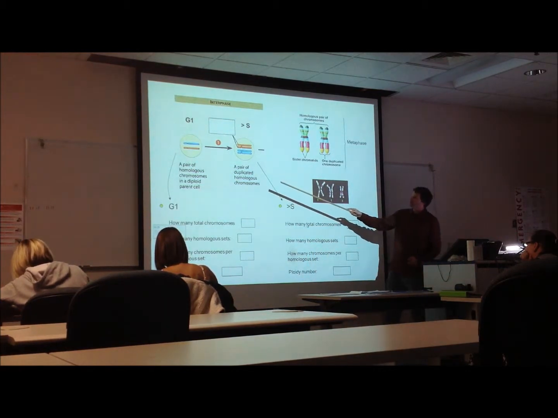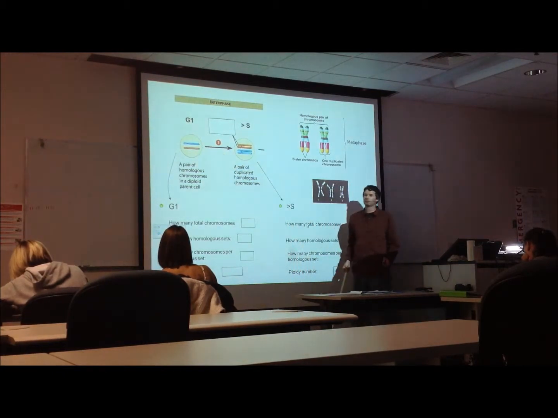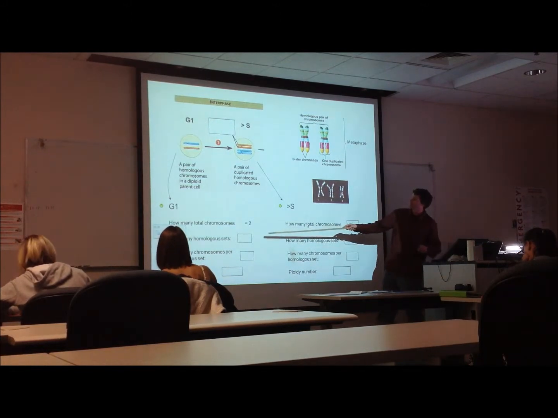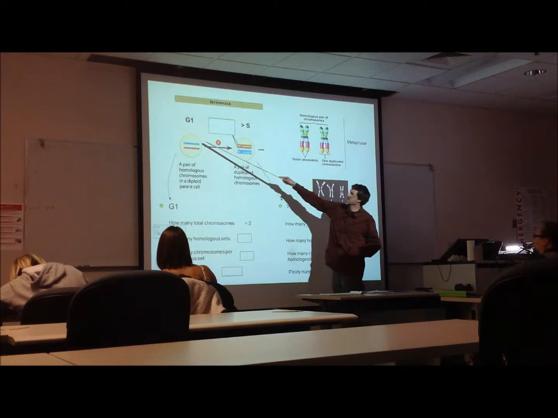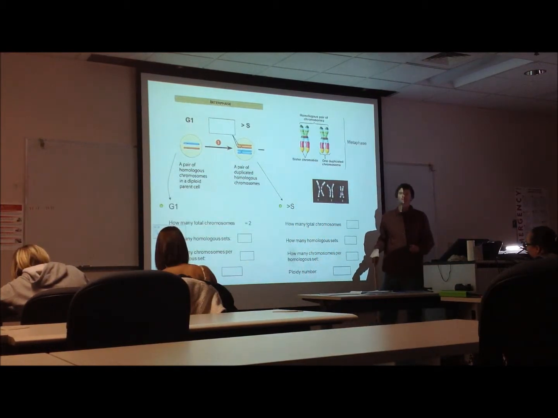Brad, how many total chromosomes are there in this cell? 2. There's 2. Michelle, how many homologous sets are there in this cell? 1. There's 1.